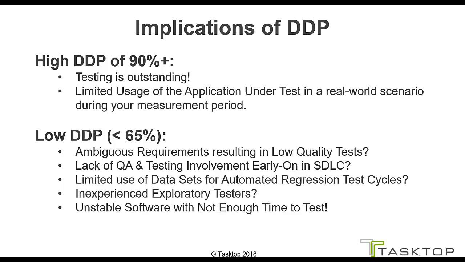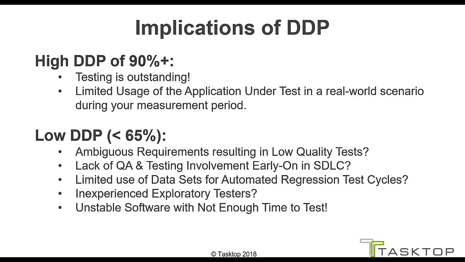On the flip side, with a DDP of less than 65%, this is what I call the reflection period. We have to ask ourselves a few questions. Were the requirements too ambiguous to develop good quality tests? Was there a lack of QA and testing involvement early on in the software delivery lifecycle?